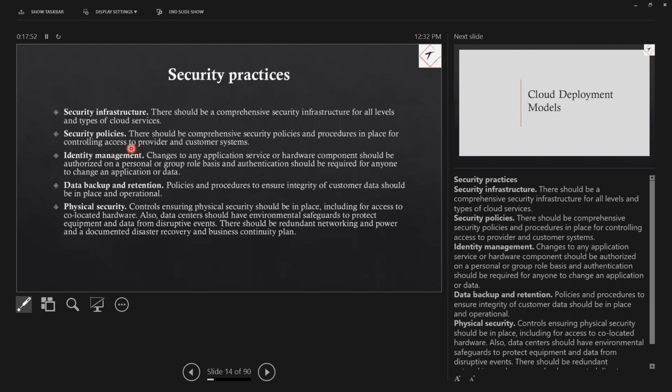Identity management: in terms of changing the applications or hardware components, changes should be authorized, and do they have group-based role processes, so it is easier for you to assign policies and identity management for the different teams you have.